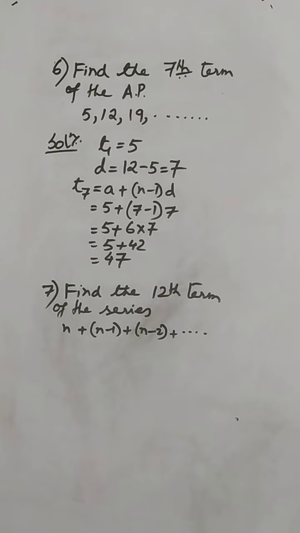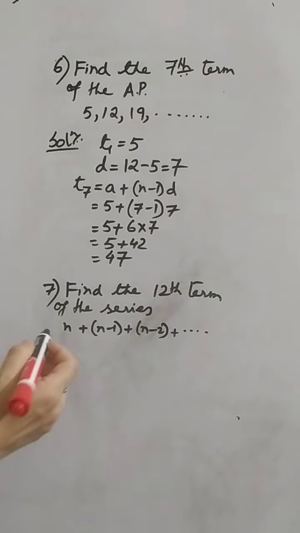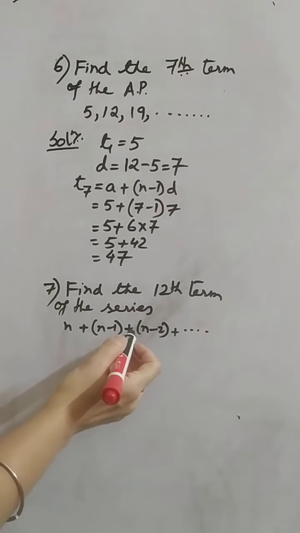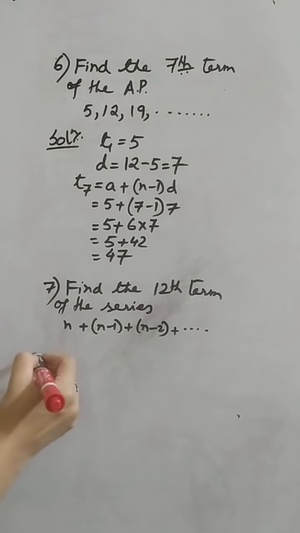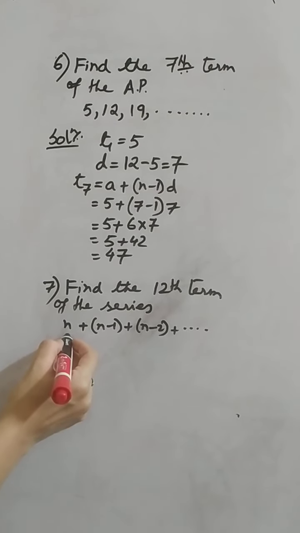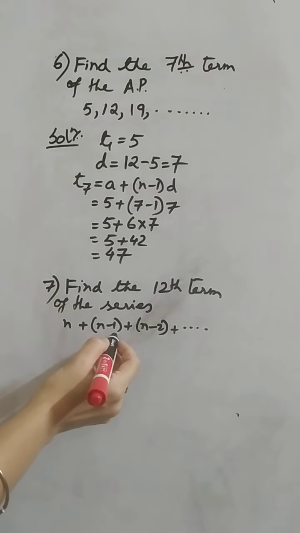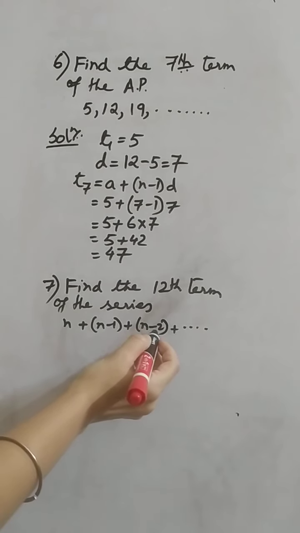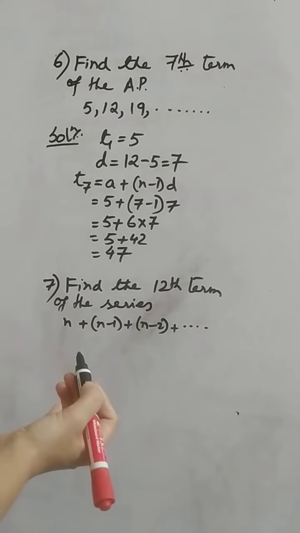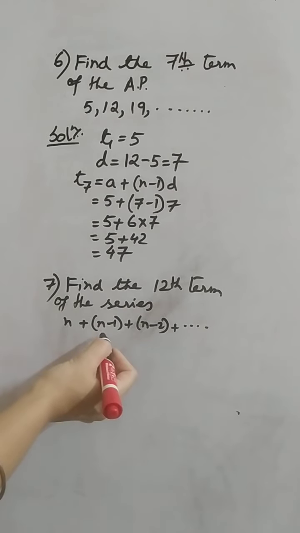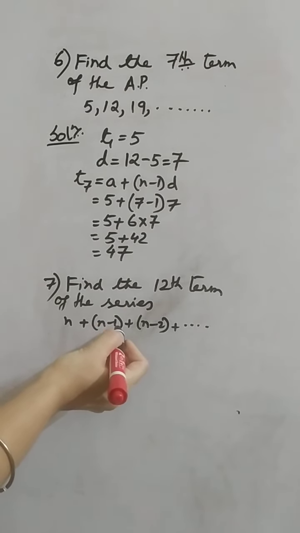Question number 7 is, find the 12th term of the series n plus n minus 1 plus n minus 2 plus and so on. So here we can see n is the first term, n minus 1 is the second term, n minus 2 is the third term. So if we just study it, in the second term we have n minus 1.